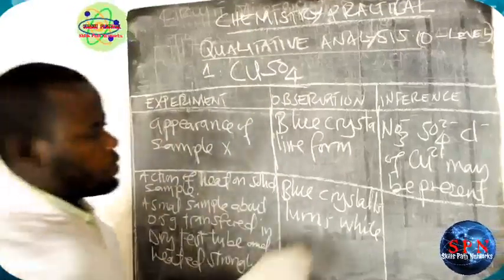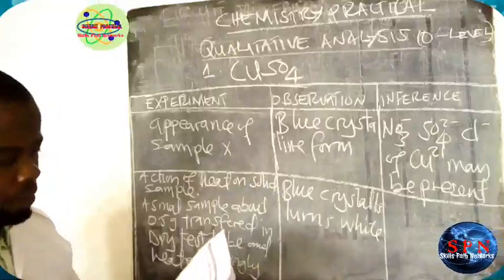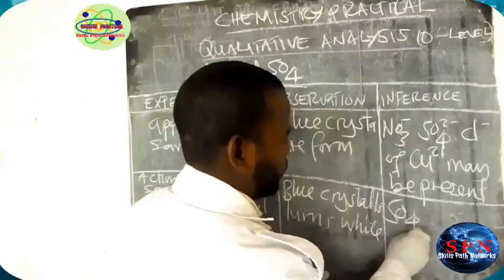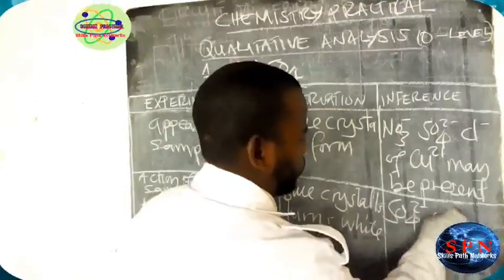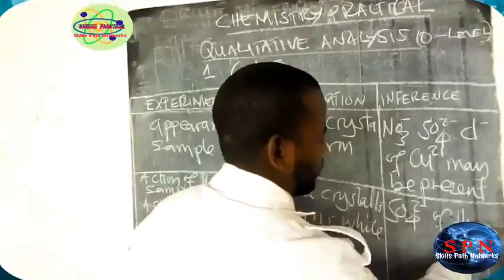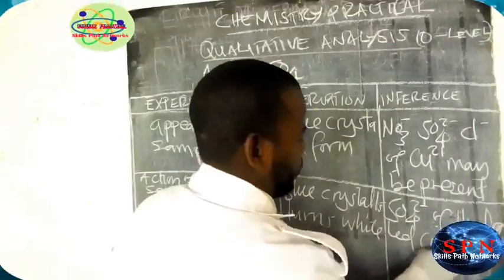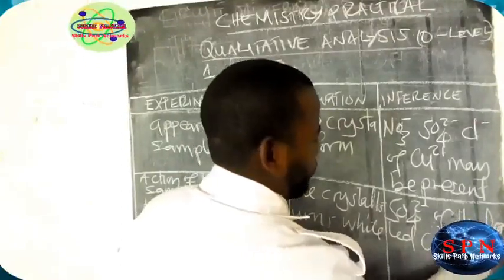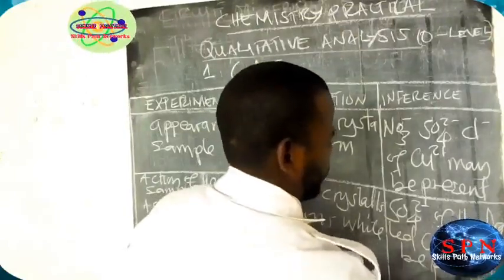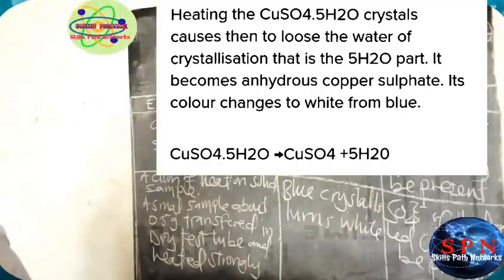According to these observations, it infers that sulphate ions of hydrated copper 2 may be present. That is according to our observation.